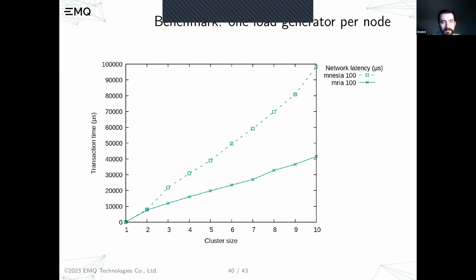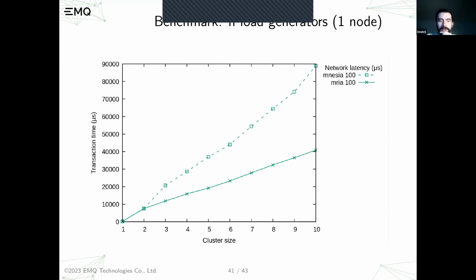Unfortunately, it has nothing to do with Mria replication protocol, but rather its limitation of how Mnesia itself handles parallel transactions. This can be demonstrated by moving all load generator processes to a single node. So the network latency is out of the picture, but we still see a similar situation here.